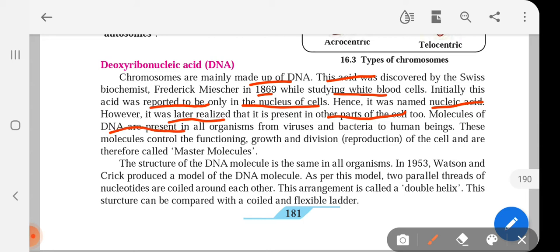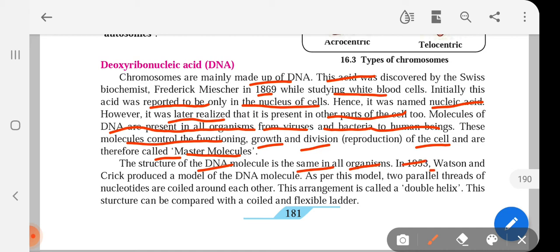Molecules of DNA are present in all organisms from viruses and bacteria to human beings. These molecules control the functioning, growth, and division of the cell and are therefore called master molecules. The structure of the DNA molecule is the same in all organisms.